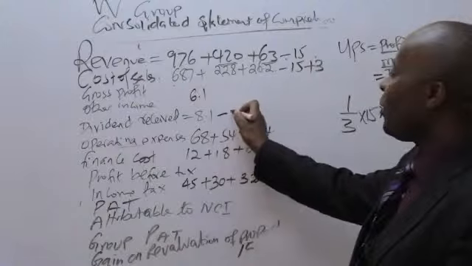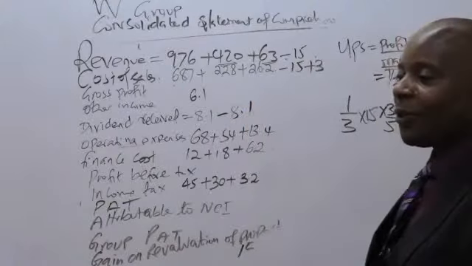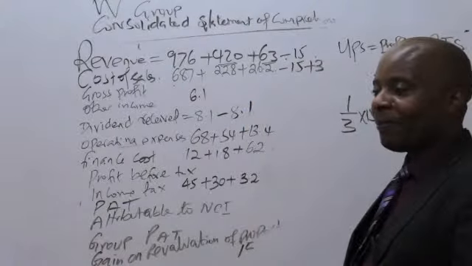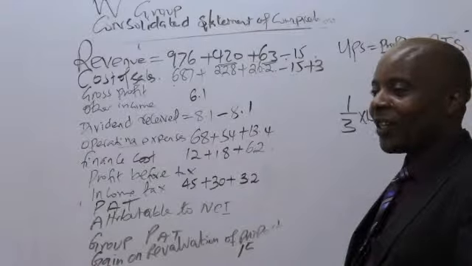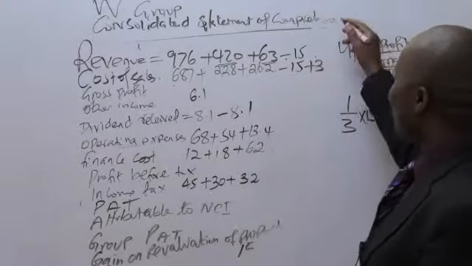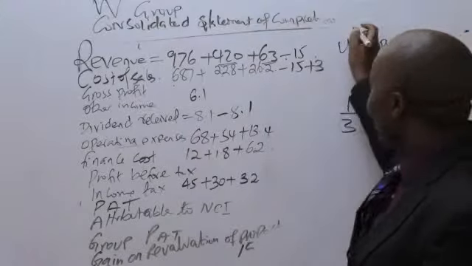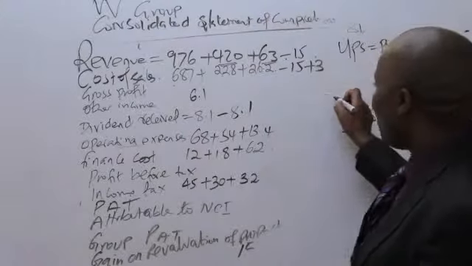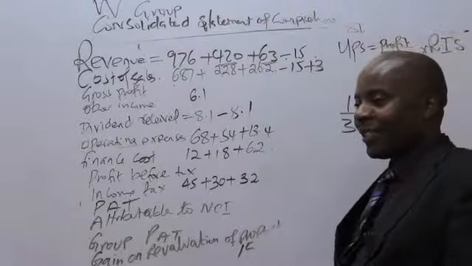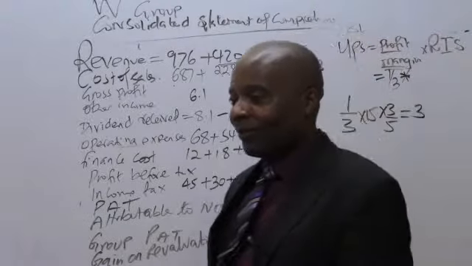So you say minus 8.1. Are you seeing, if you have a column, sorry, my handwriting is very bad, that's why I don't teach FR. Under this column, under dividends received, you will have 0?